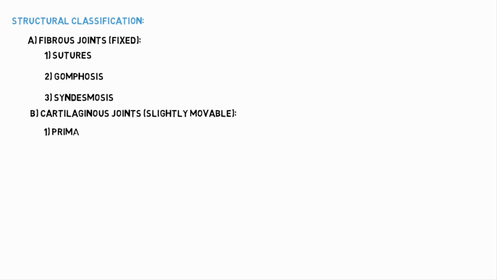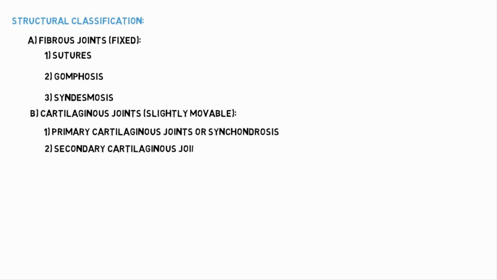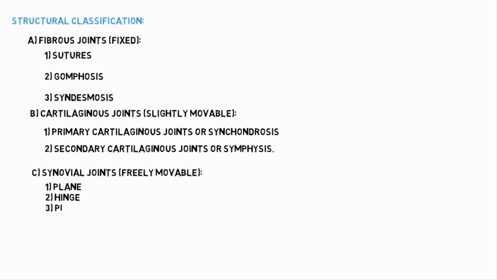They are further classified into primary cartilaginous joints or synchondrosis joints. Next is the secondary cartilaginous joint or symphysis. The final one is the synovial joint or freely movable joint, which is further classified into plane, hinge, pivot, bicondylar, ellipsoid, saddle and ball and socket. Let's know the structural classification in detail.